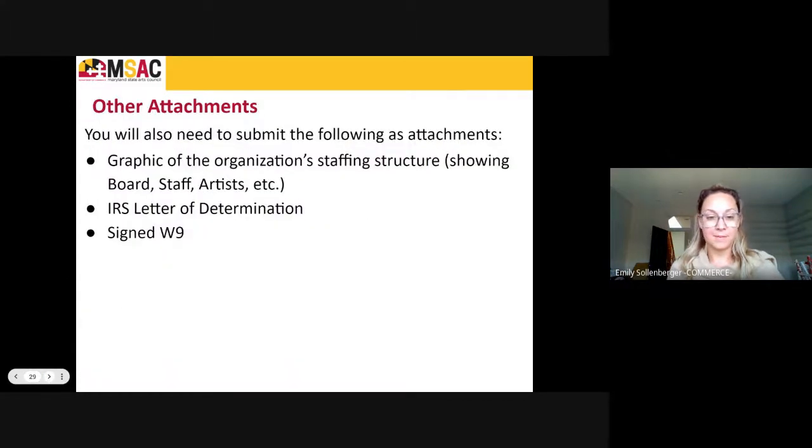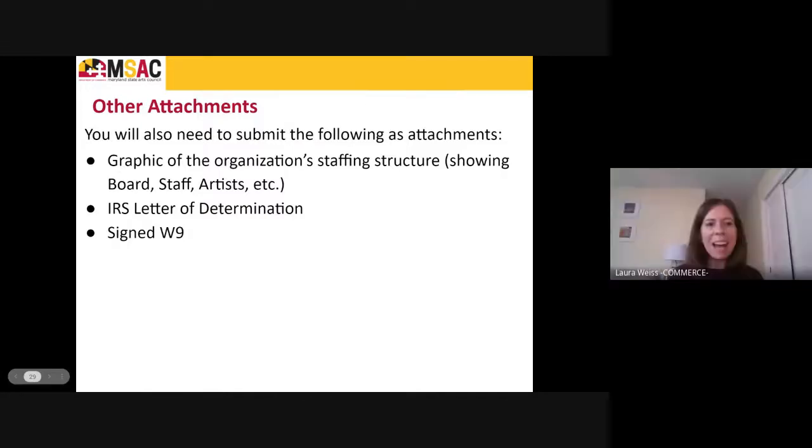Okay. Laura, I'm going to hand it back to you if you want to talk about the attachments. Sure. Yeah, just a couple of other attachments in addition to that financial statement, if needed, is that you will need to also submit a graphic of the organization's staffing structure.